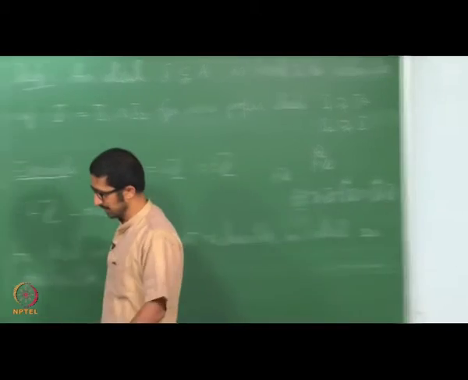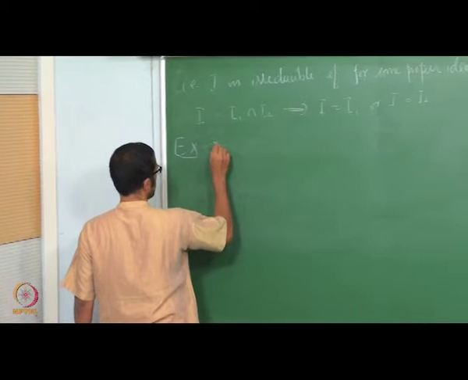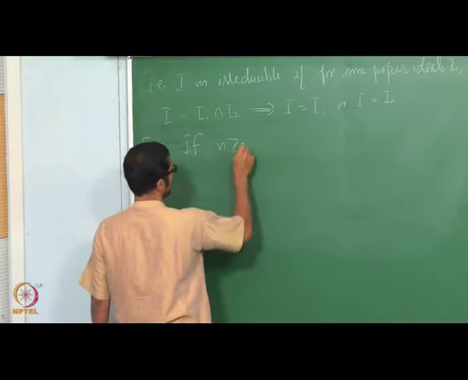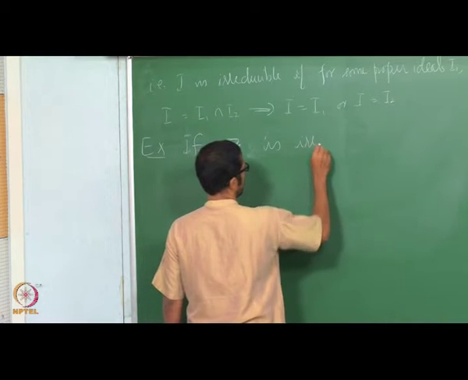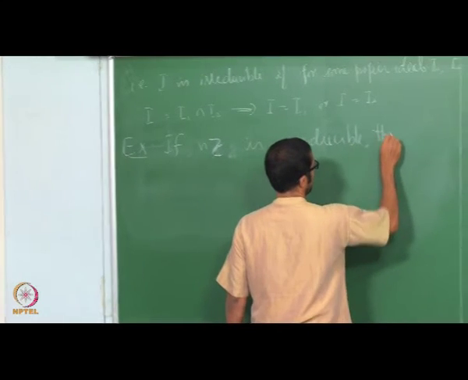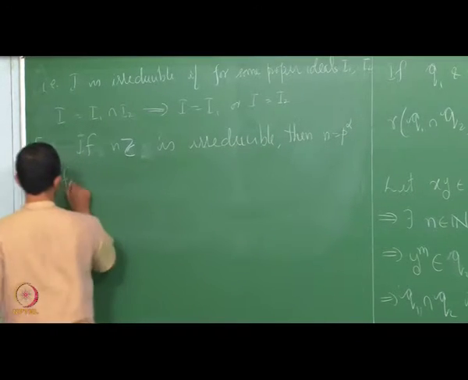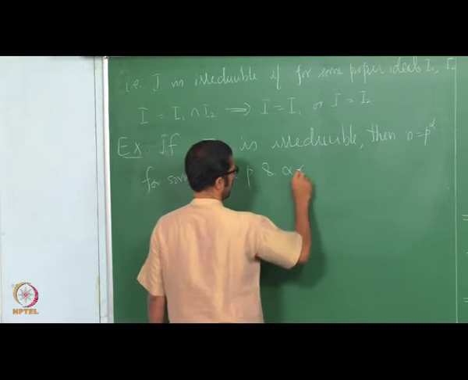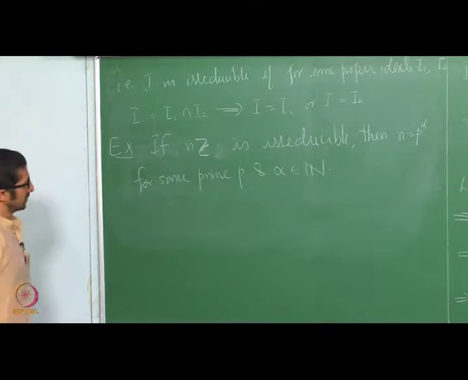So, if nZ is irreducible, then n is equal to p power alpha for some prime p and alpha in N. So, does that suggest something?